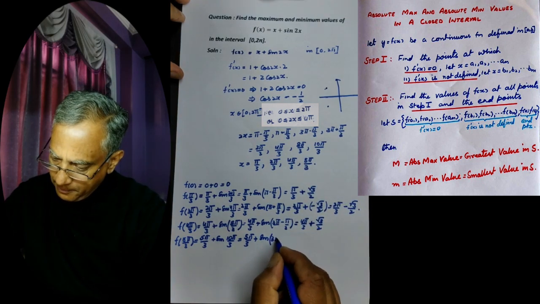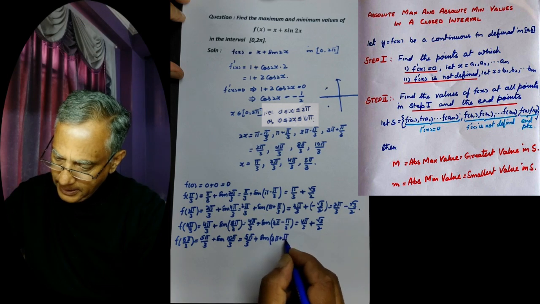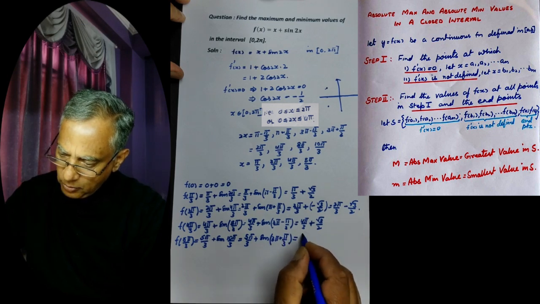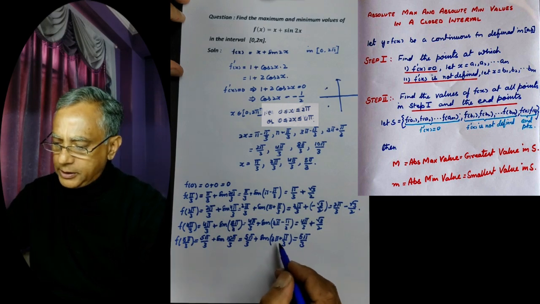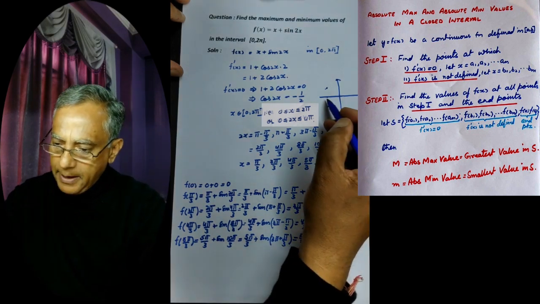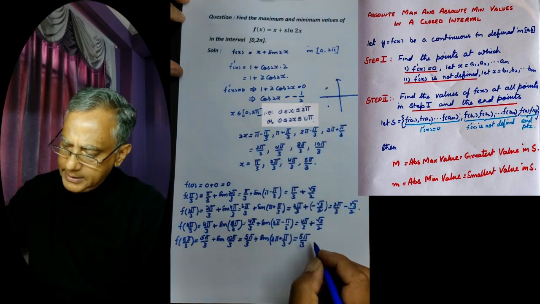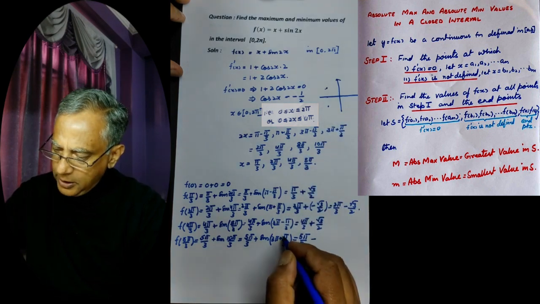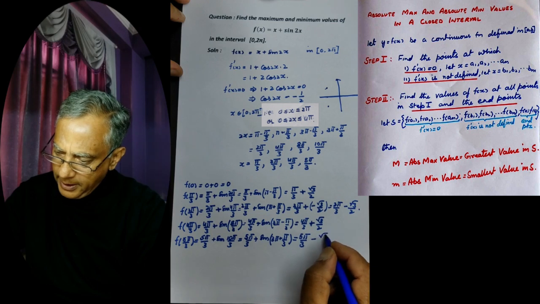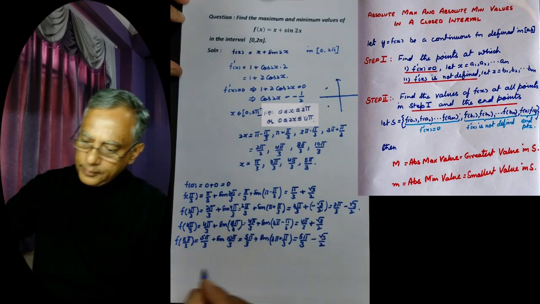And this is equal to 5 pi by 3 plus sine of 3 pi plus pi by 3. 3 pi plus pi by 3 is in the third quadrant. In the third quadrant sine is negative. And the value at pi by 3 is root 3 by 2.